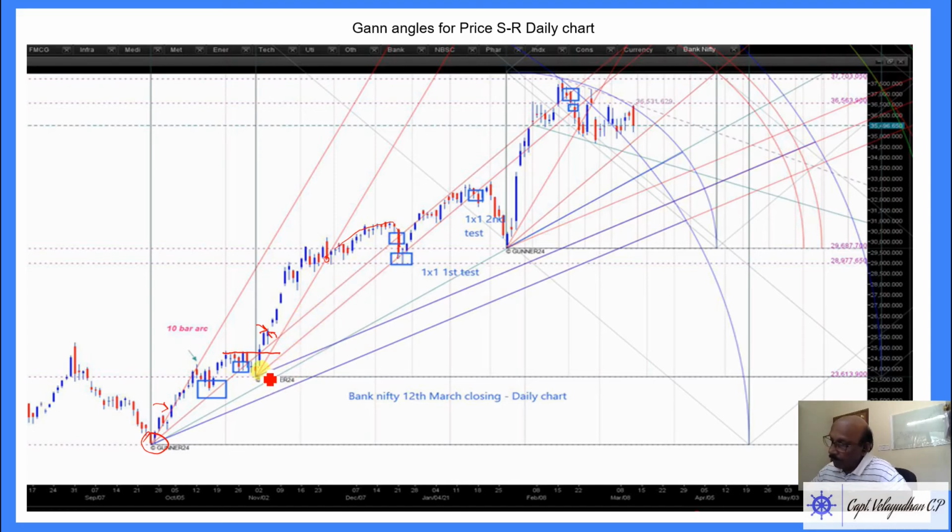When price took support here, we waited for confirmation. The second candle closed just above. The third candle again closed above the 1 by 2 line. So this is confirmation that price has taken support on this line. Third test, then price started moving up. Here again it tried to take support and again moved up for a few more days.